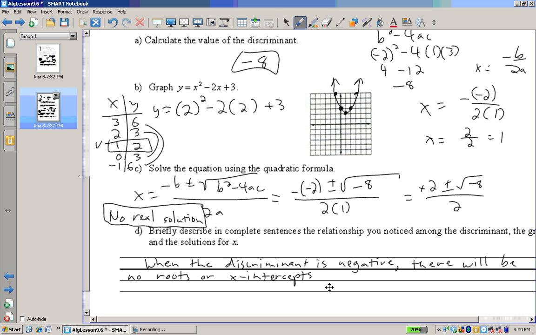Again, those words being synonyms in this context. And there will be no real solution.